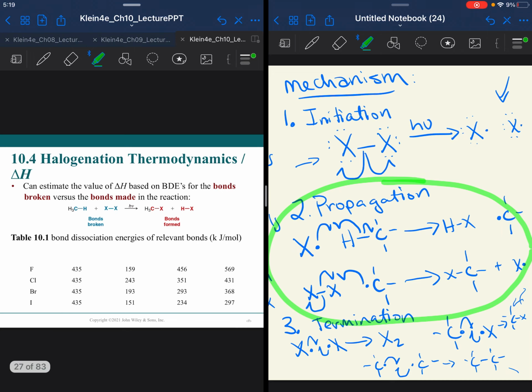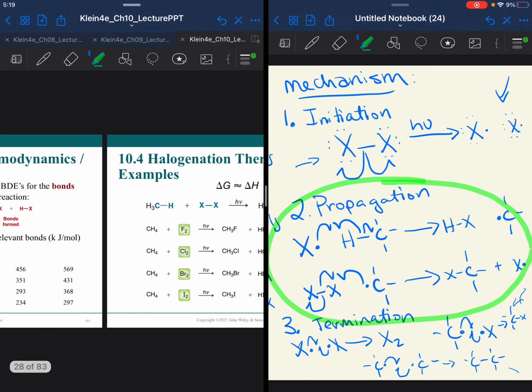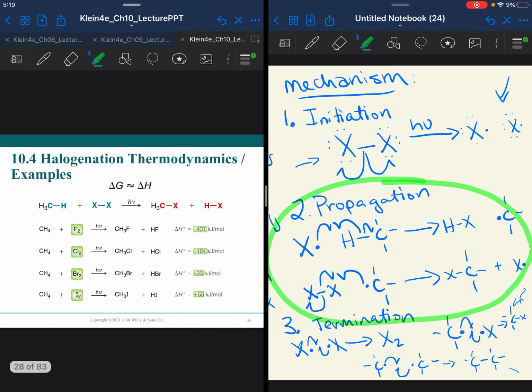If we look at halogenation thermodynamics, we will see a great shift from fluorine to iodine. First of all, iodine is endothermic, so it is simply not favorable to start with. You have to add energy to get that one to work.